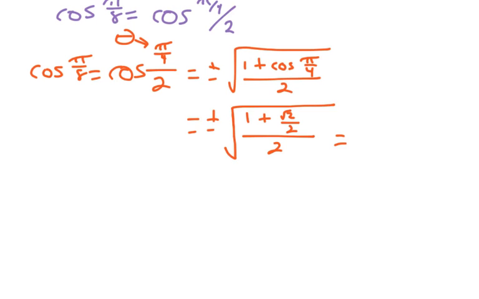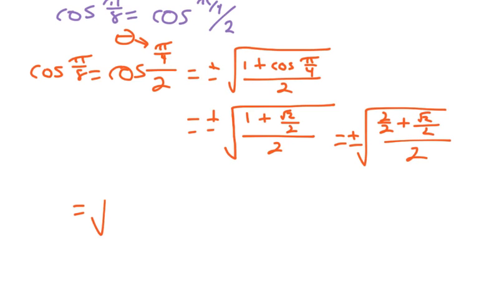We should combine the numerators here. That'd be 2 over 2 plus square root of 2 over 2. So this becomes plus or minus the square root of 2 over 2 plus square root 2 over 2, all over 2. Lots of 2's in this example. So I'm just going to work back over here to the left. The numerators I can combine, so it becomes a big square root, plus or minus, of 2 plus square root of 2 all over 2, all over 2 again.